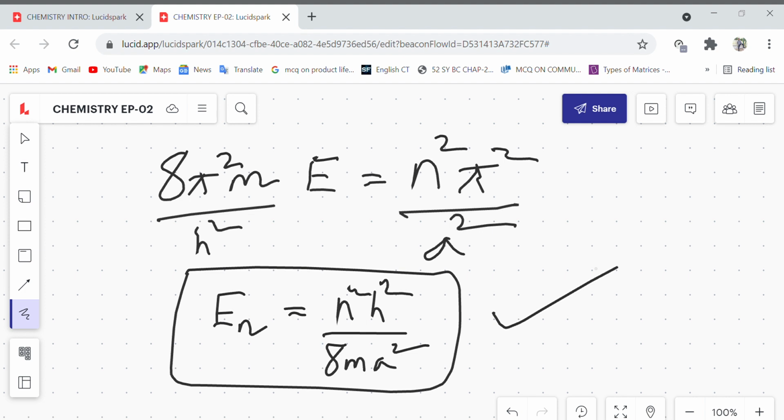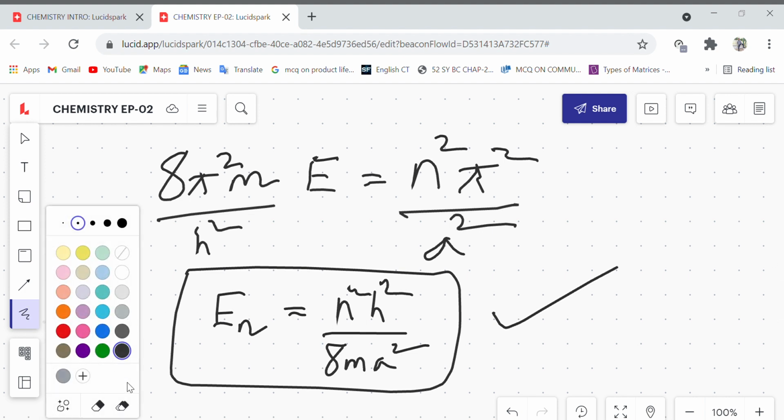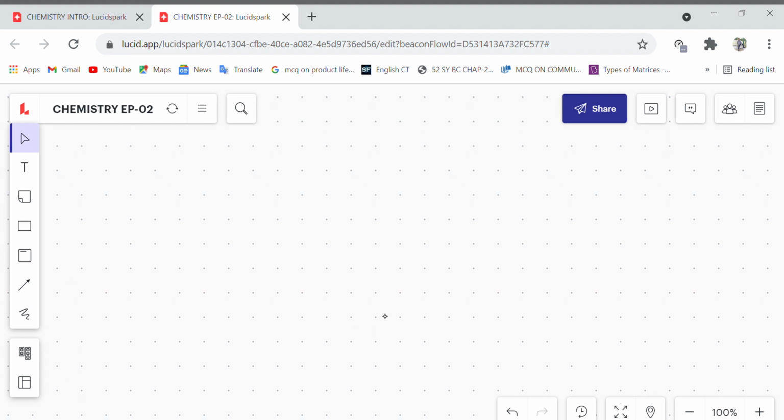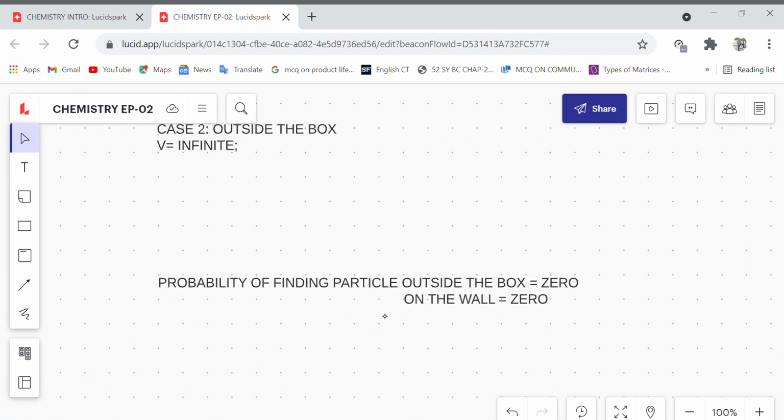Then let's move on to the next part, that is properties of the acceptable solution of Schrodinger wave equation. Let me clear the board. Cleared. Move to the top of the board as it would be much easier.